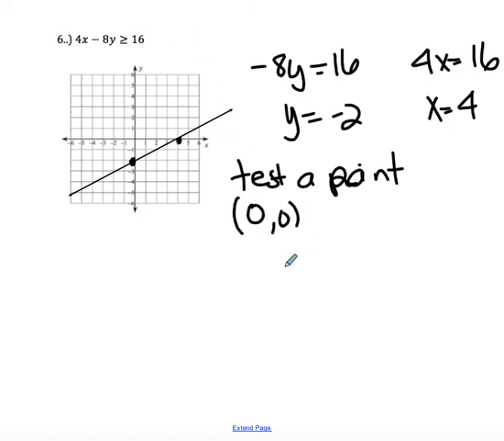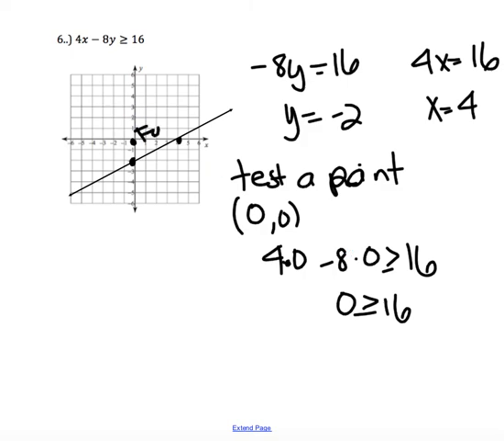Plugging that in, it would be 4 times 0 minus 8 times 0 is greater than or equal to 16. All of that, 0 minus 0, is going to cancel. So I'm asking myself, is 0 greater than or equal to 16? And that is not true. So again, this side is false, and I'm going to shade the other side.